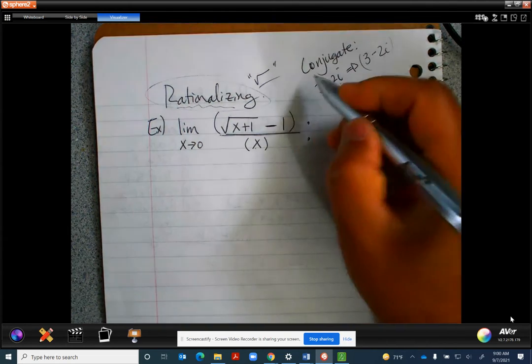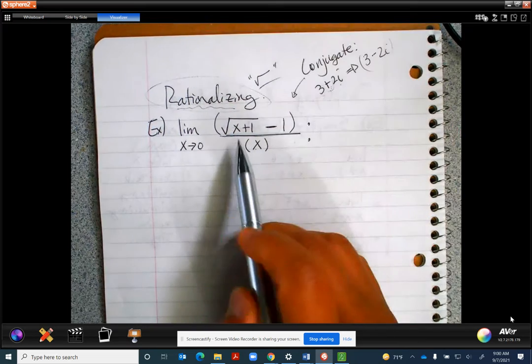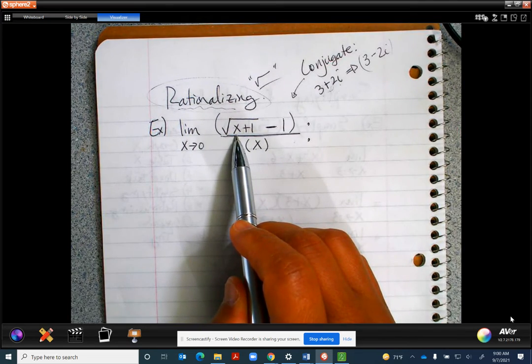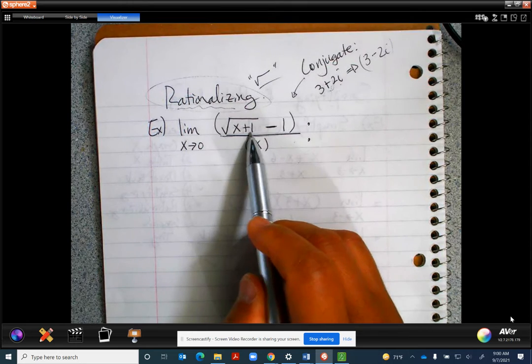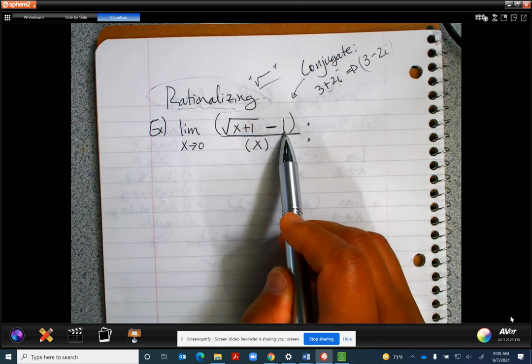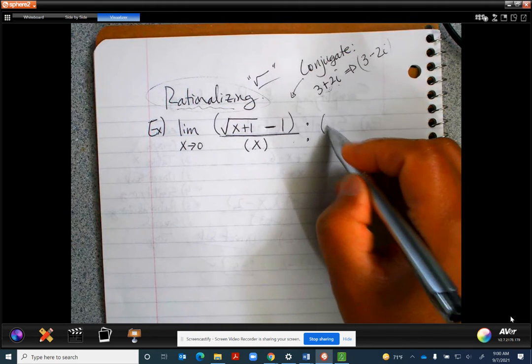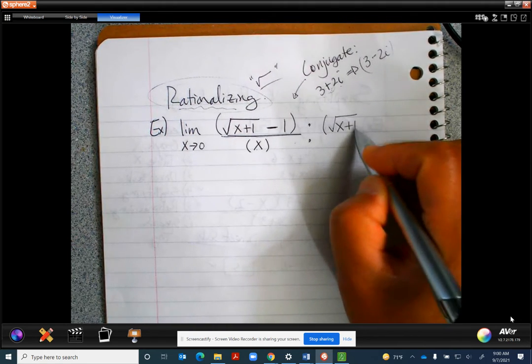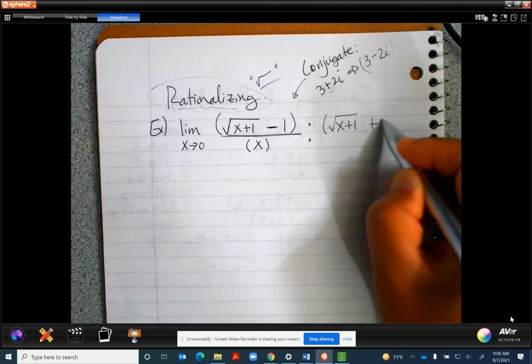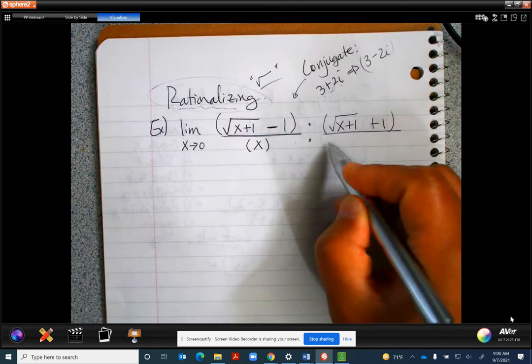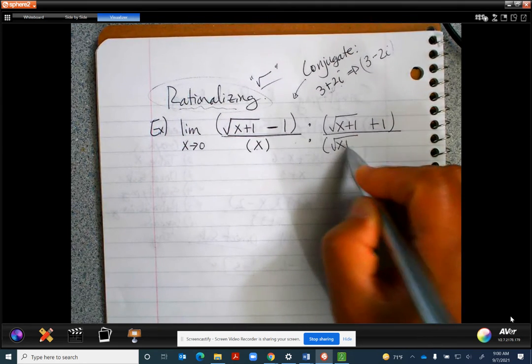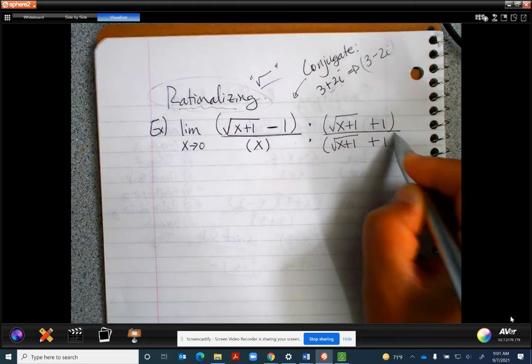So we are using the conjugate for this one. What is the conjugate of square root of x plus 1 minus 1? The conjugate of that will be square root of x plus 1 plus 1. And square root of x plus 1 plus 1.